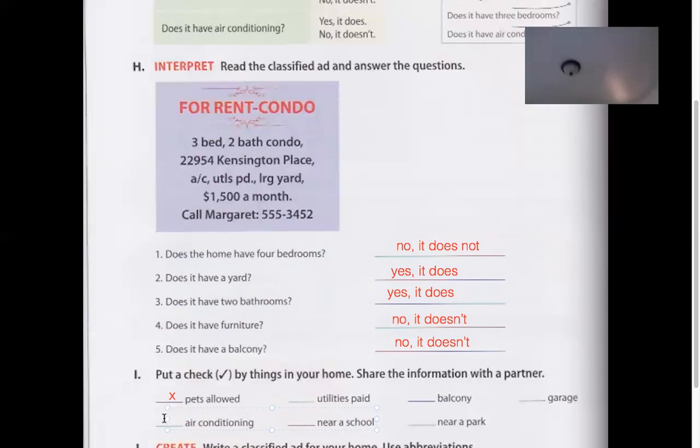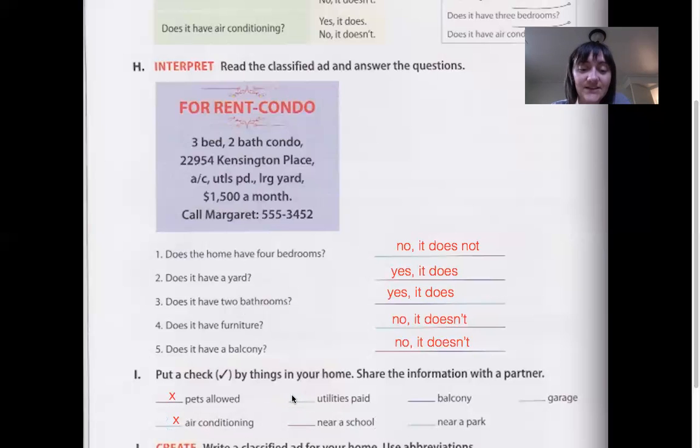If you have central air, it means that your air conditioning and your heating come out of the vent. Mine only has heating in the vent, and I get air conditioning through my window. So yeah, it has AC, but it's window AC. So I'm going to say I don't really have air conditioning.